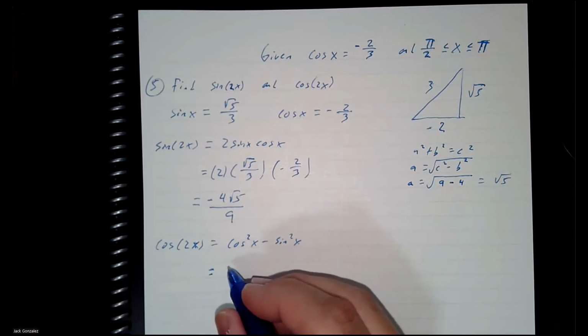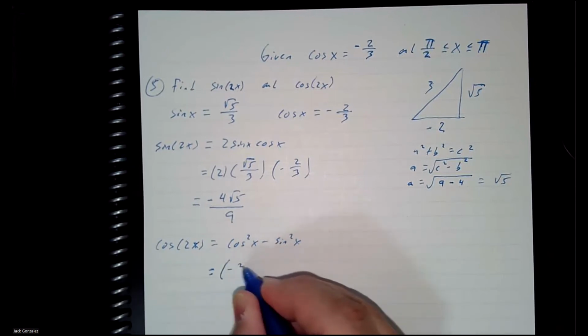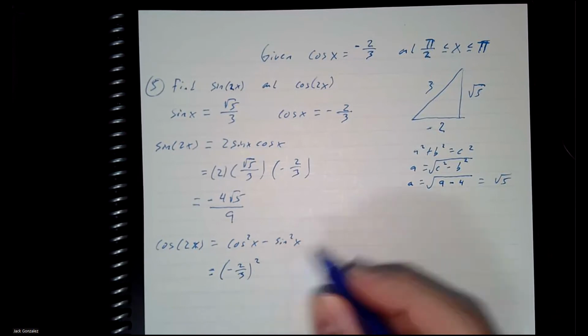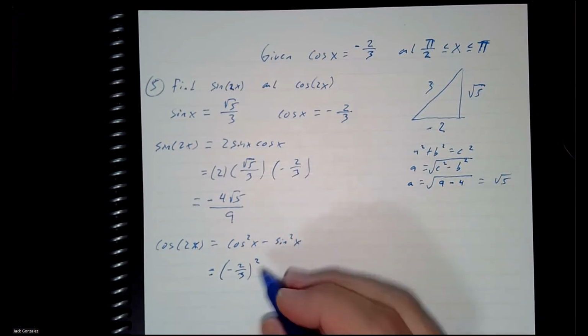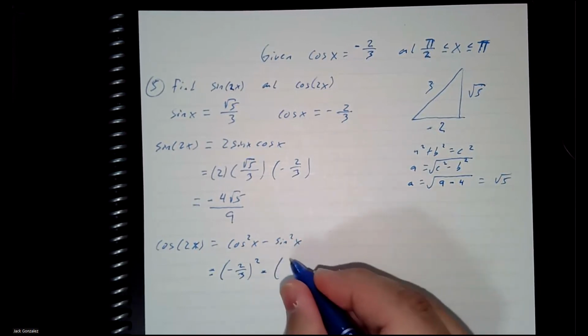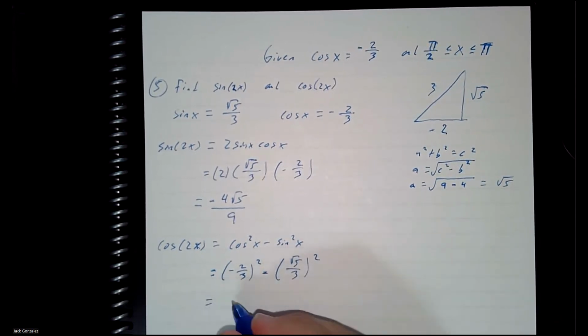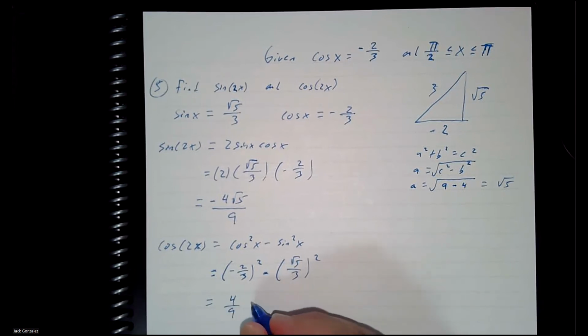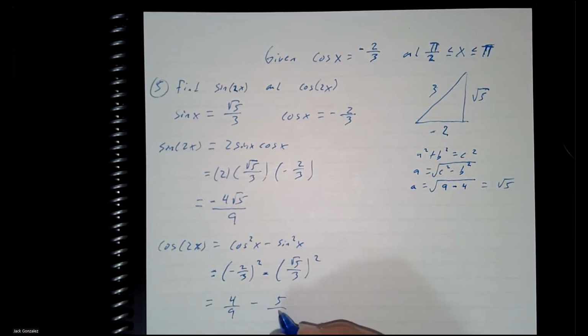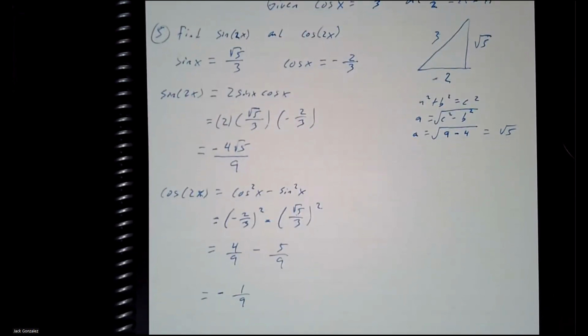So this will become negative 2/3 squared, that's cosine, minus square root 5 over 3 squared. So this becomes 4/9 minus 5/9, negative 1/9. That's it.